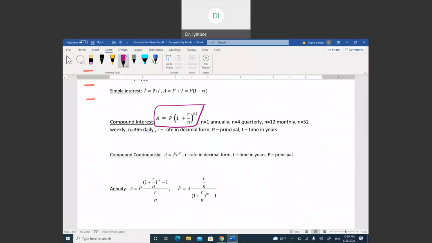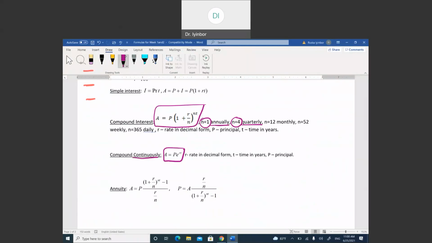If it's annually, n is 1, if it's quarterly, n is 4. So that's what you're going to use for those two, monthly, 12, and so on. R is the rate in decimal, P is the principal, T is the time in years. Everything is given. Now, if it says compounded continuously, the formula is different, and you have that e. Okay, so these are the formulas you're going to use.